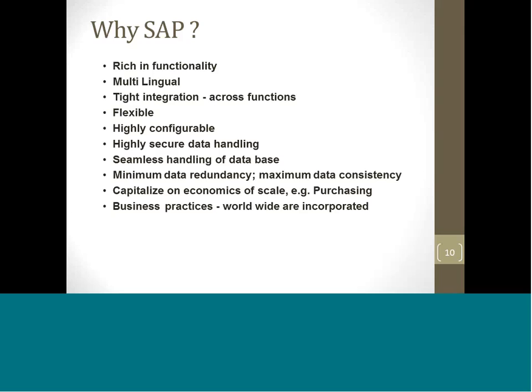Suppose in some companies we have a separate finance module and a separate sales module, like Salesforce or something, which covers only sales-related work. In that case, what happens? All the master data has to be in the sales system, because when you come to production, they have another module, and all the master data has to be in the production module also.